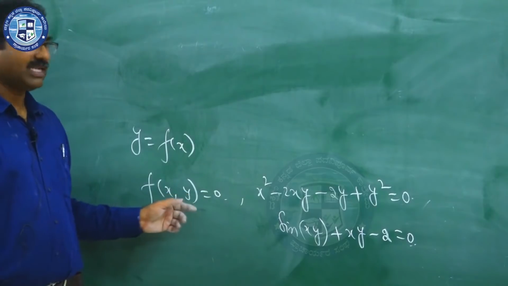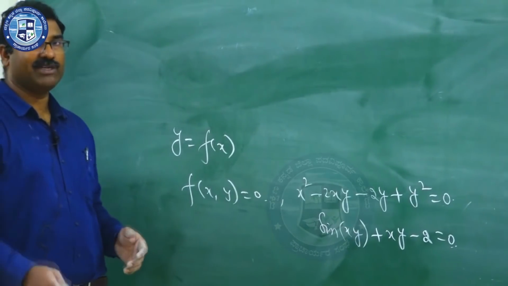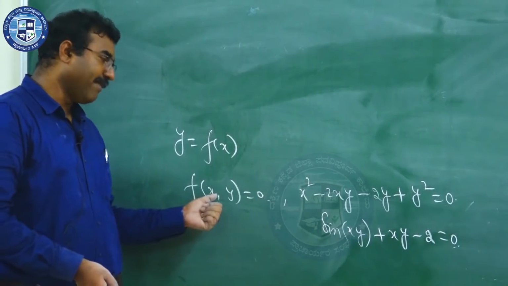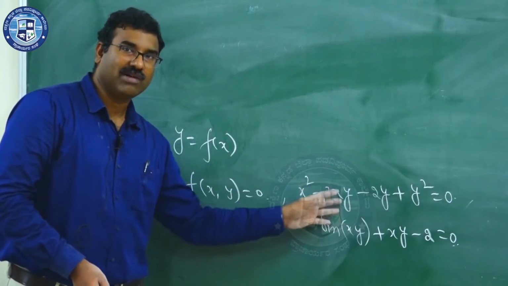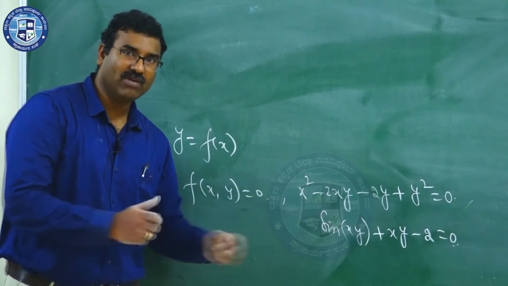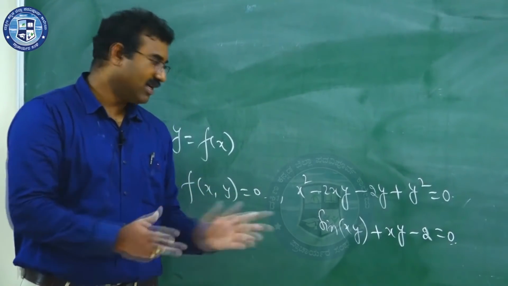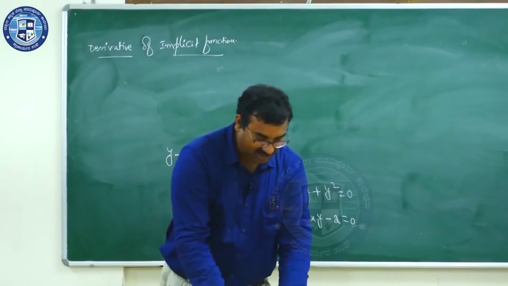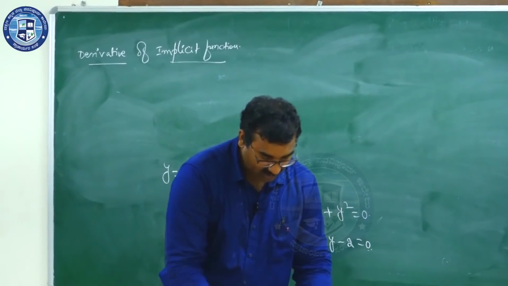Those type of functions are called implicit functions. Parametric functions is different, I will tell it to you afterwards. They won't give y in terms of x explicitly, but by a relation they will give it to you, right. So, we will see some problems based on this. Here nothing new we are going to study.